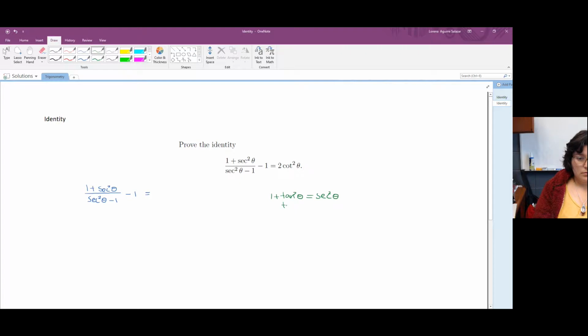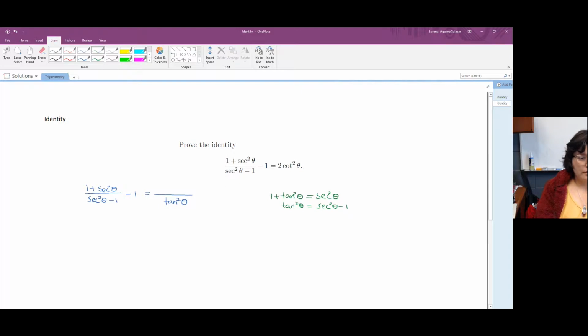When we solve for tangent squared, we find that tangent squared can be written in terms of secant squared as secant squared minus 1. So one thing we can say immediately is that the denominator of the first expression on the left-hand side of this identity is the same as tangent squared of theta.